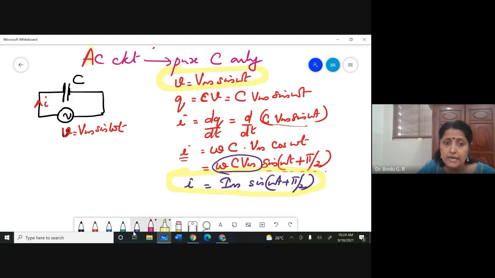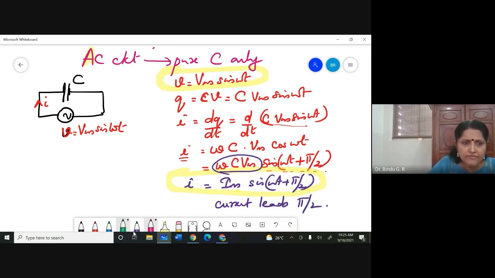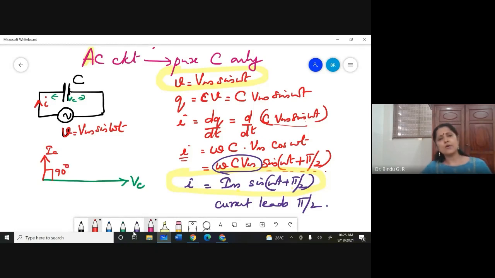The current is leading; current leads by a phase angle of pi by 2. If I draw the phasor as Vc, the voltage across the capacitance, IC would be exactly 90 degrees ahead. This is how I can draw the phasor diagram. I hope this is clear.